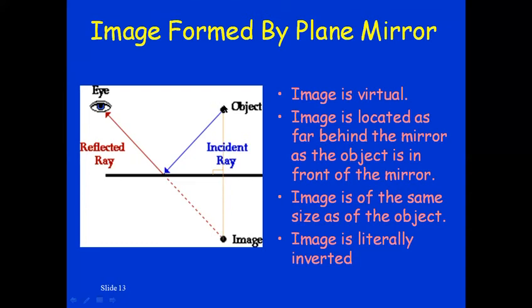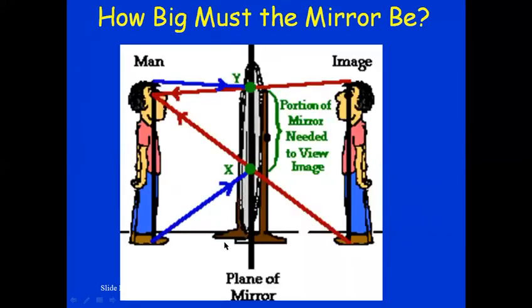Then draw an incident ray here, and at the point where it is striking, join this point with the image with a dotted line. Dotted line means it is an imaginary line, not an actual one, and proceed this line towards the eye. By doing this, you will get the reflected ray, and this will show the procedure of reflection, and the image will be located here by this procedure.